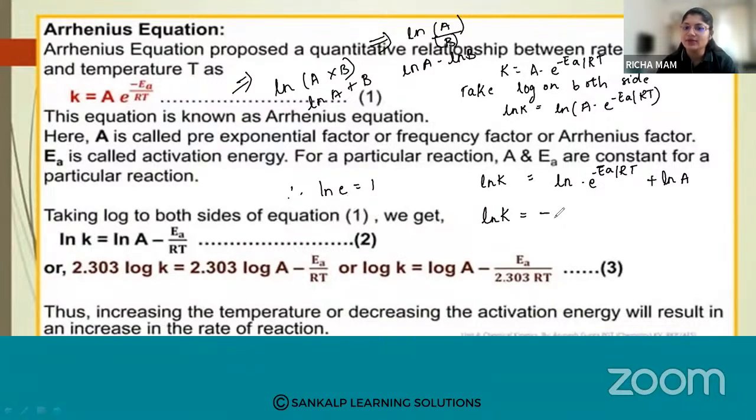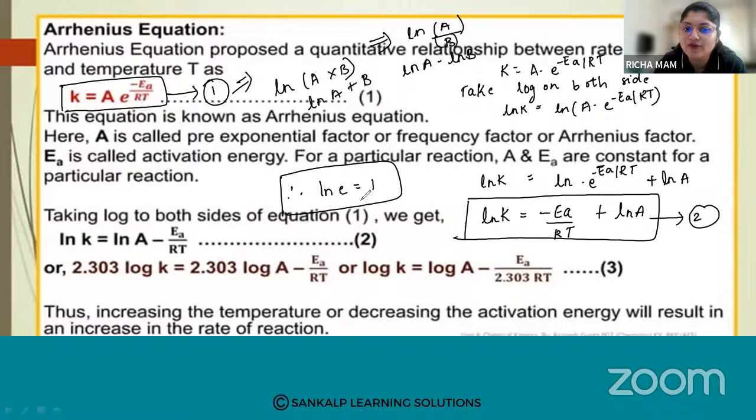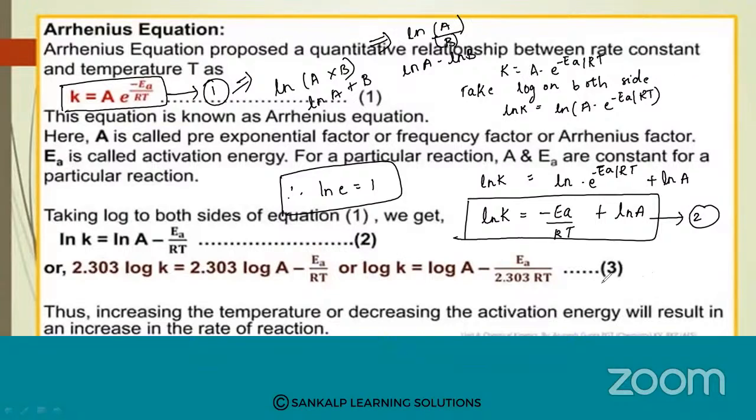So it will become minus Ea by RT plus ln A. So this is our second equation; the first equation was the original Arrhenius equation. The second equation after taking logarithm, since ln e is equal to 1, is ln k = minus Ea by RT plus ln A.